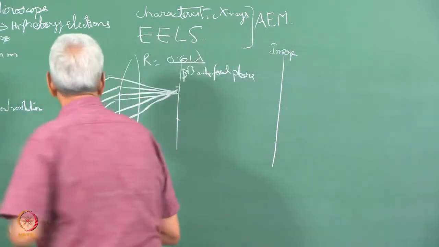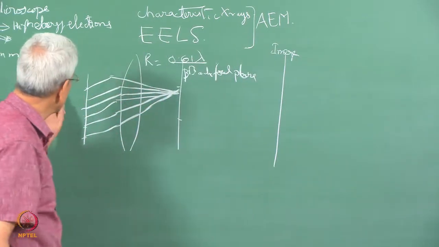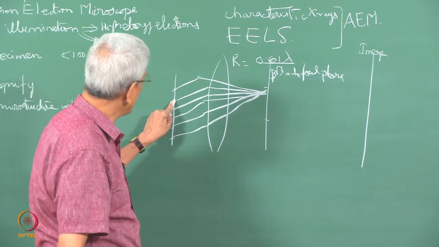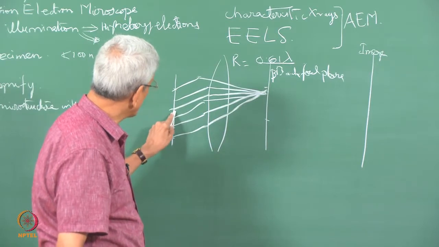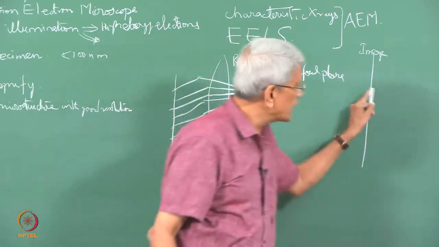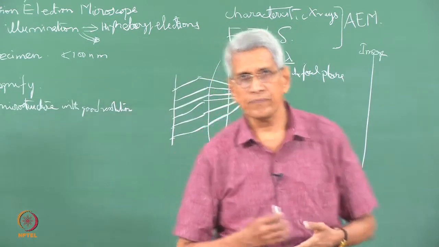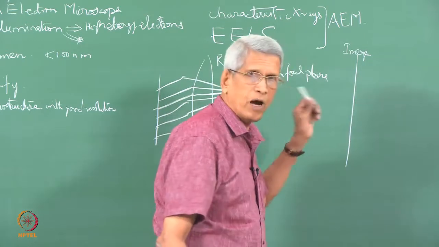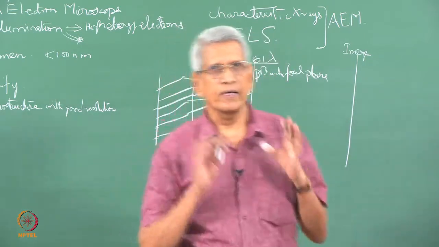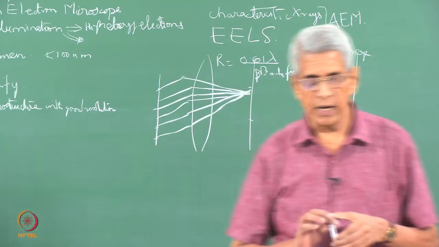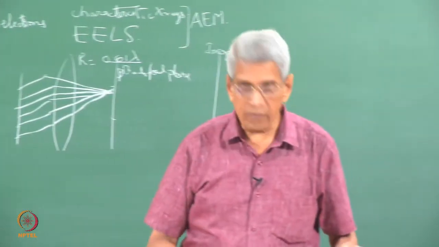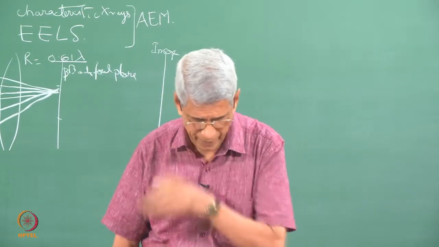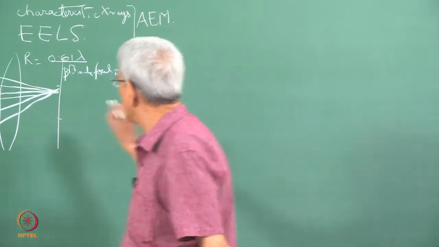If the incident radiation has a wavelength sufficient to resolve individual atom positions, then we should be able to get an image with atomic resolution in the image plane. In fact, in modern microscopes this is possible, and we have covered this aspect in the class. This is the most important information about the lens.